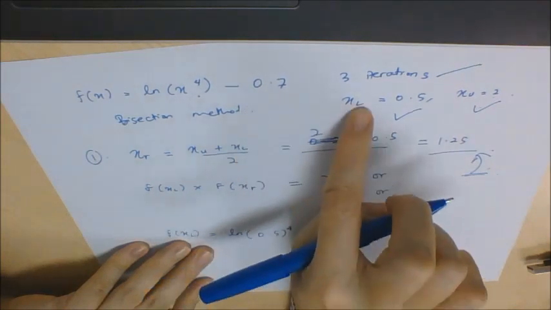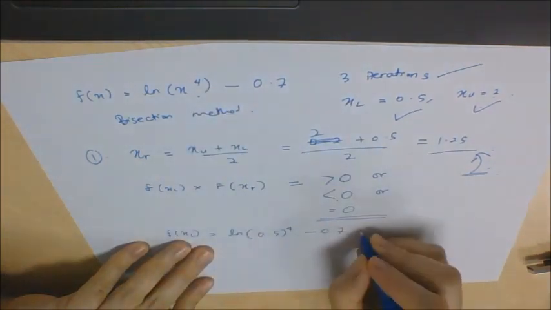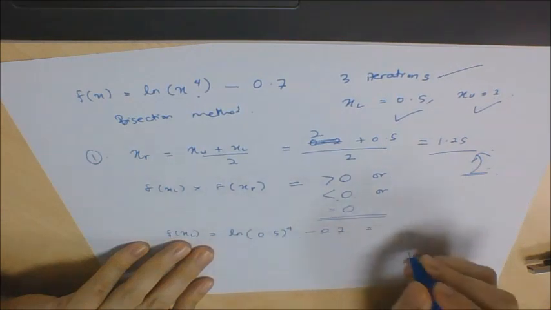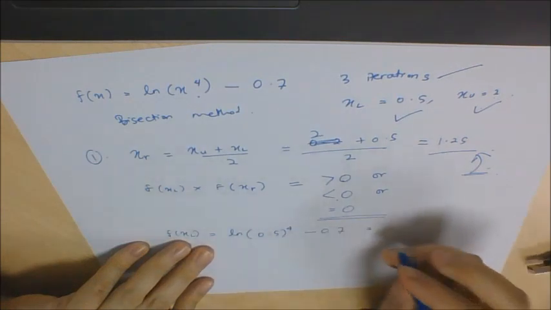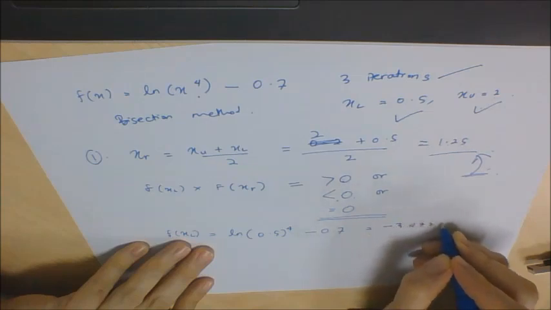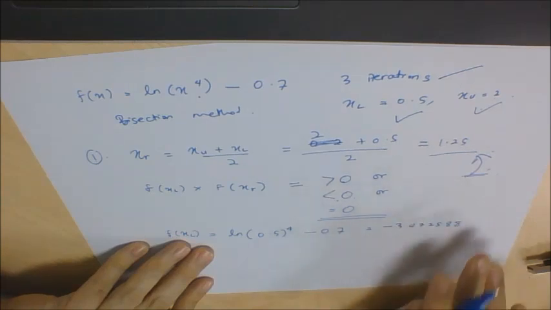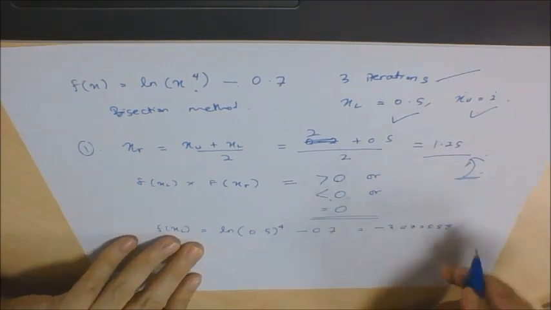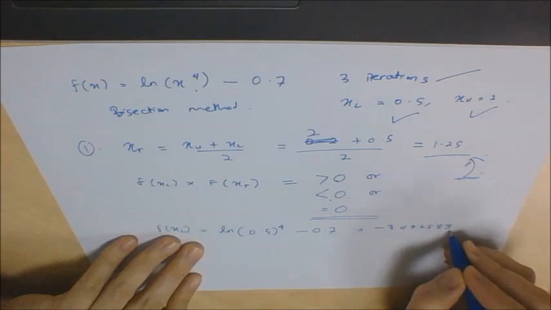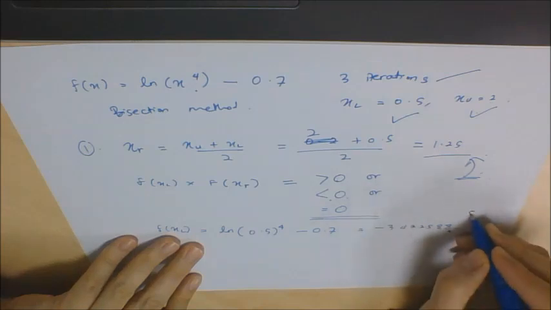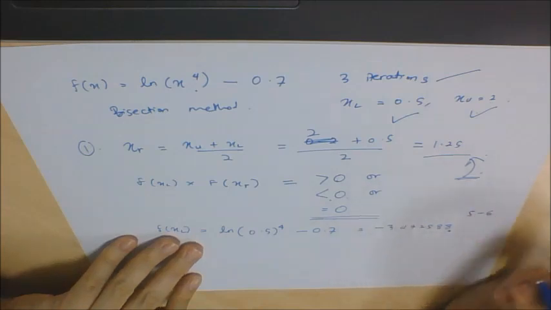Just substitute XL into this function. Please do your calculation, okay? You will get minus 3.472588. Now please be reminded that for all numerical calculations, please keep a lot of decimal places, preferably 5 to 6 decimal places.